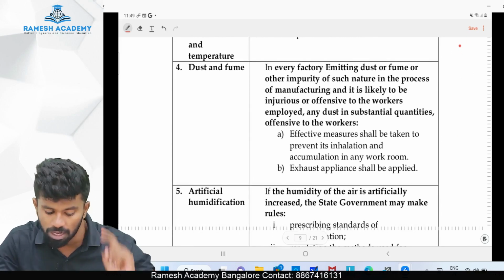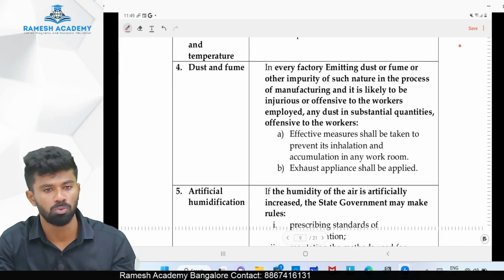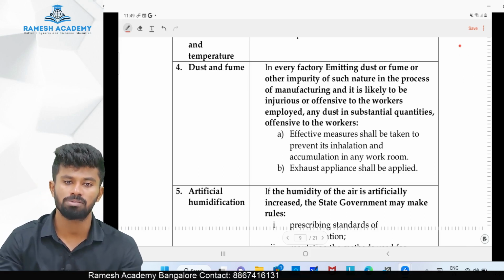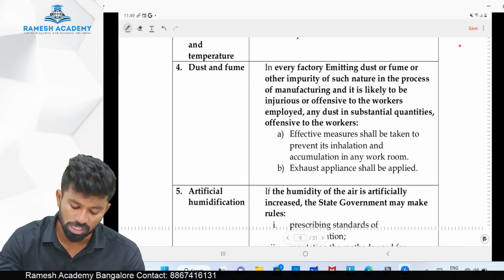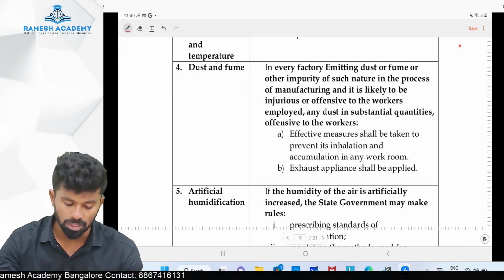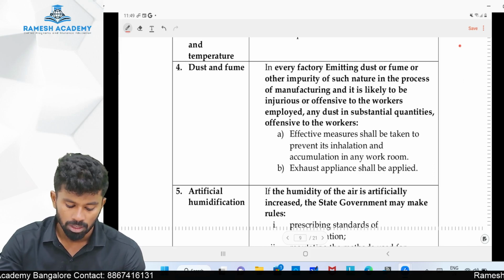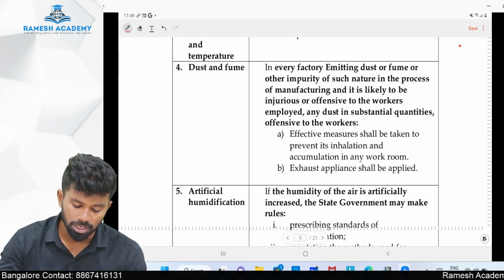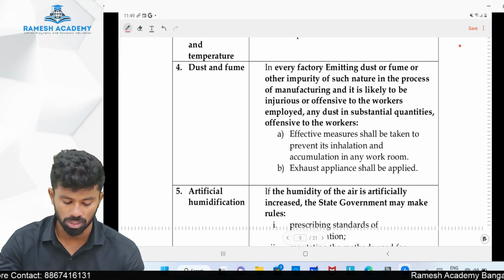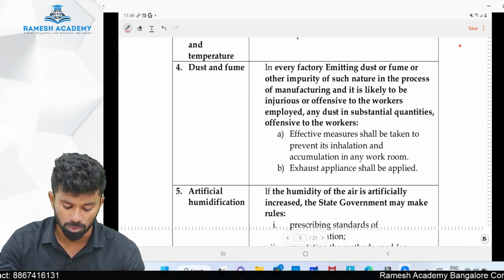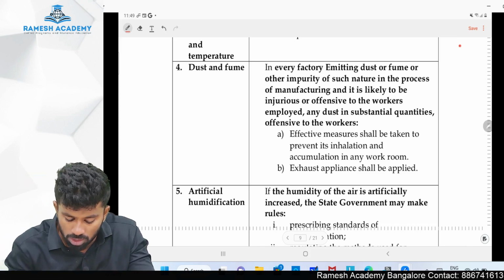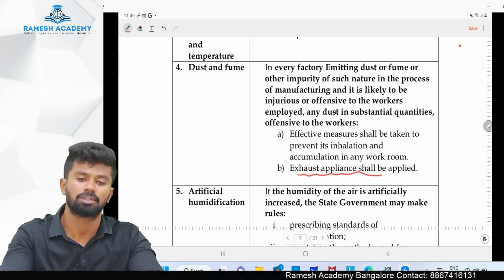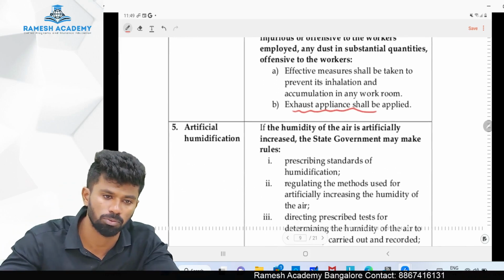In every factory emitting dust and fume or other impurity of such nature in the process of manufacturing, and it is likely to be injurious to the workers employed, then effective measures shall be taken to prevent its inhalation and accumulation in any workroom. Exhaust appliance shall be applied. Important. Exhaust appliance shall be applied if there is dust and fume.